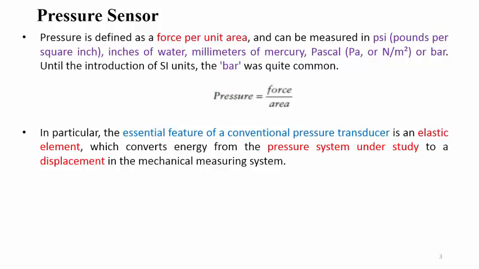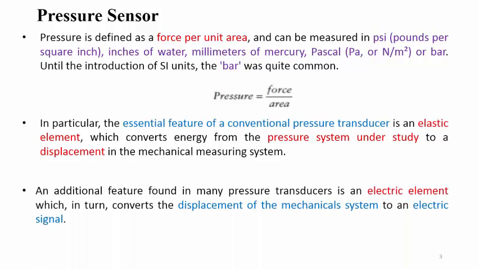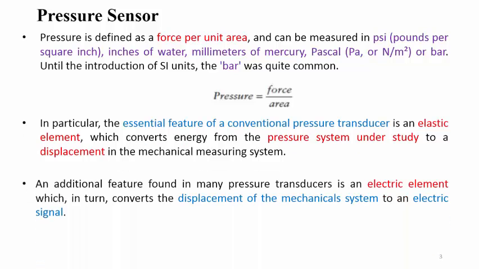Usually you will find a diaphragm or elastic element in the pressure sensor and an assembly to measure the mechanical displacement. An additional feature found in many pressure sensors is a semiconductor based electric element, which in turn converts the displacement of the mechanical system to an electrical signal.